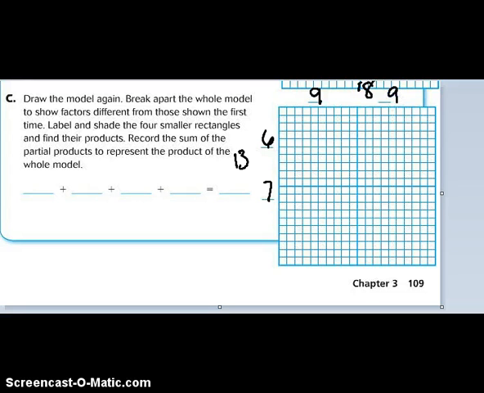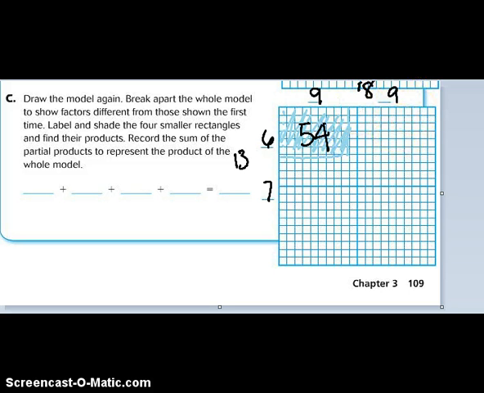Okay, let's go ahead and form our first rectangle. 1, 2, 3, 4, 5, 6, oh, just 6. And here's 9. We're going to shade that in, and we're going to multiply. 9 times 6 is 54.